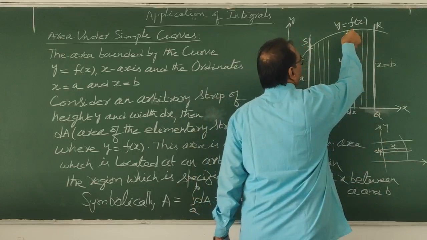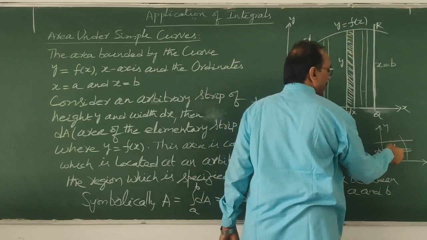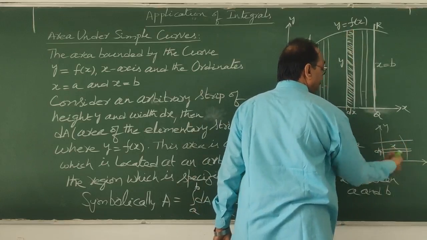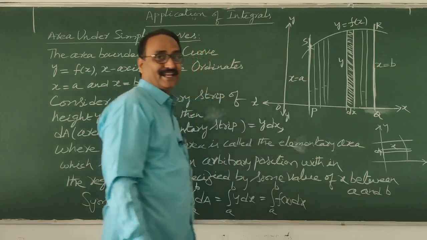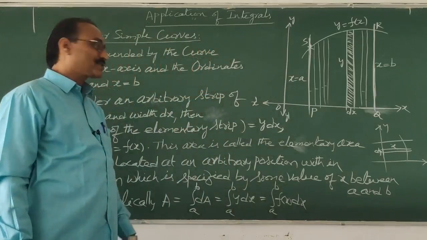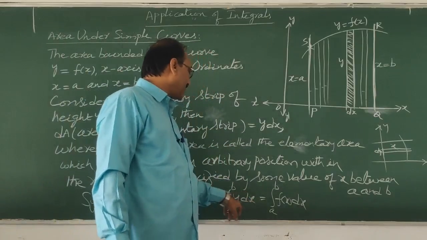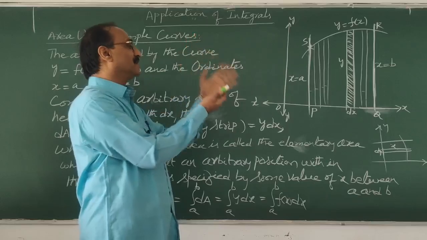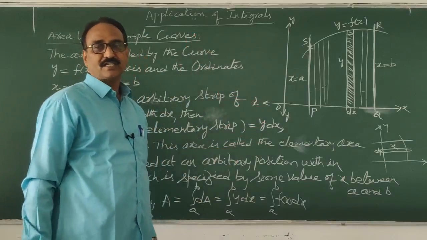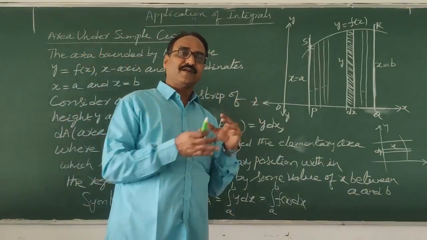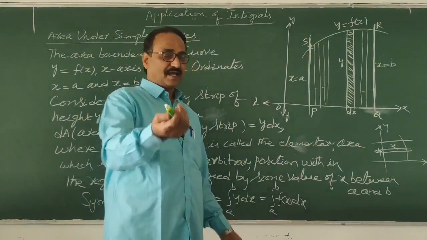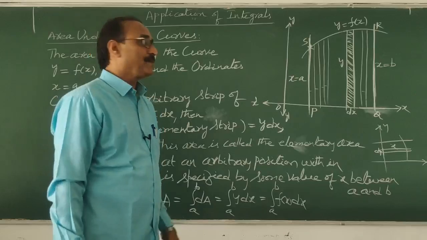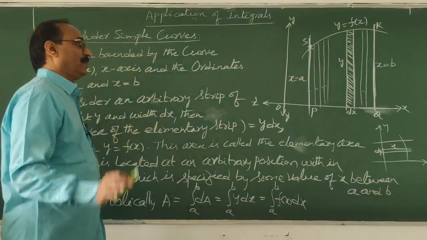Here the length is x. So what is the area? x dy. Instead of y dx, we will write x dy. This is called vertical strips, and this is horizontal strips. I need not tell you this every time; you can understand it and also see the book. No problem at all.